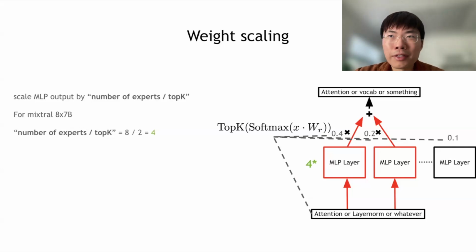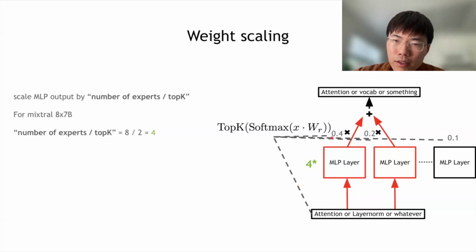This is a very strong assumption, but we verified it on most of our models. In the beginning of the training, if you randomly initialize a router, the probability is pretty uniform. So this assumption is safe.